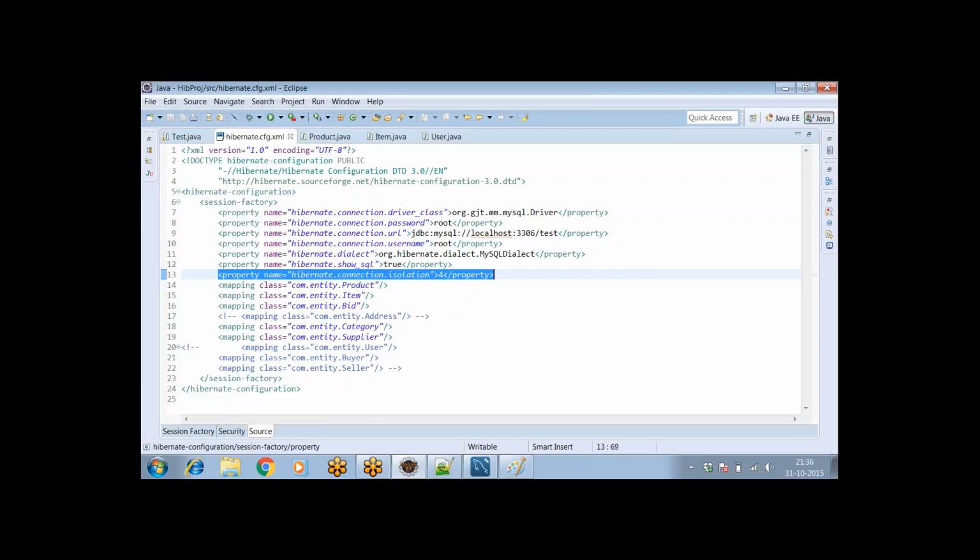For repeatable read, the value is 4 here.